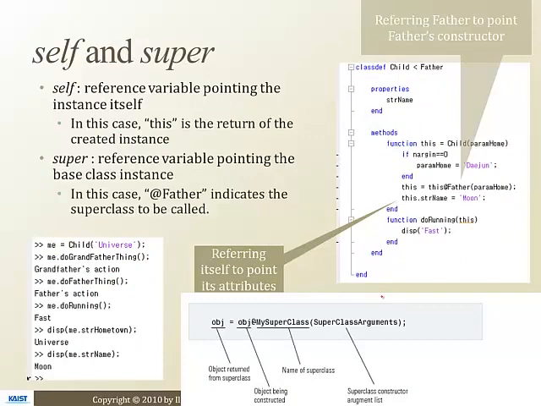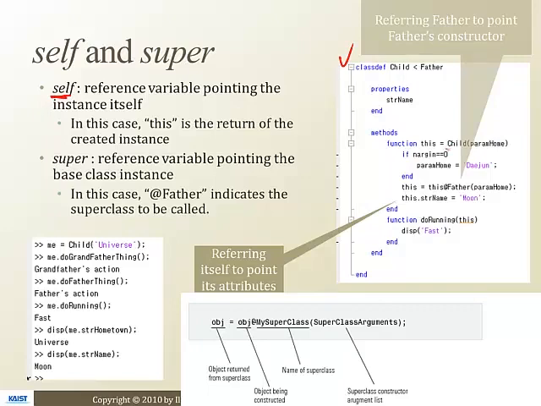And the next thing that I'd like to cover is more details about the MATLAB classes. Here, I'm pointing at the child and father. So, self is a reference to the class itself.